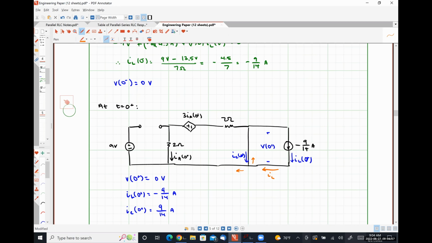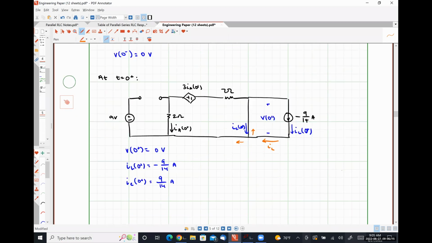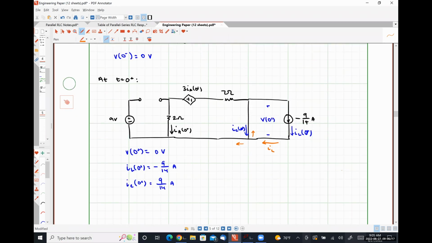So it will all flow through the short circuit. None of it will flow through the 6 ohm equivalent resistance path, which means IA is 0, which means the dependent source does not actually provide any voltage in this case. All right. So our analysis at t is equal to 0 plus is finished. We do not need to analyze this particular circuit at t is equal to infinity because there are no independent sources left in.